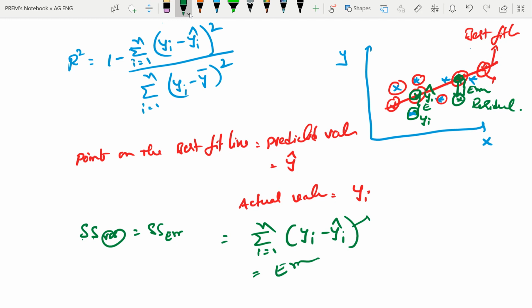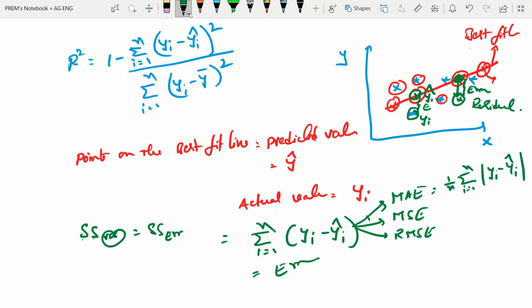Errors can be basically of three types: mean absolute error, mean square error, and root mean square error. The mean absolute error formula is 1 by n sigma i equals 1 to n, the absolute value of yi minus yi hat.